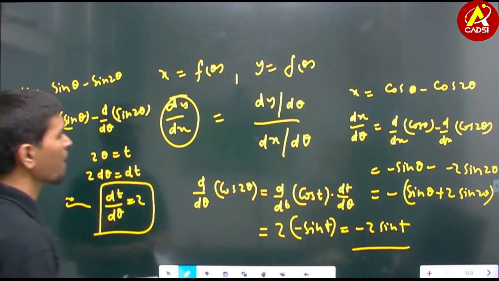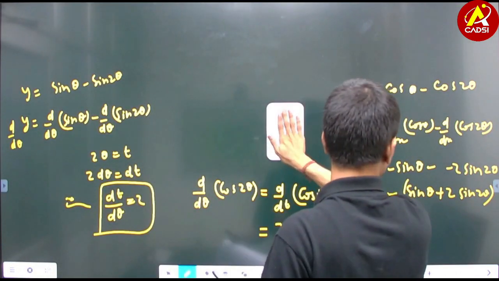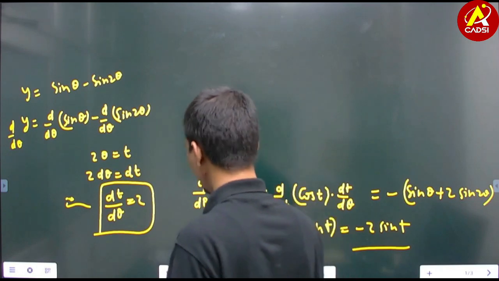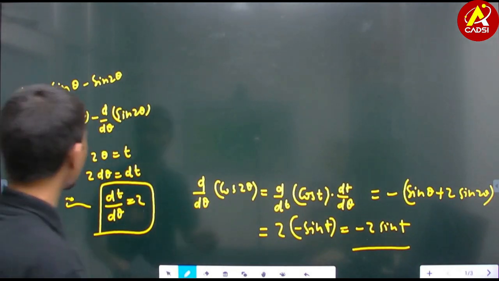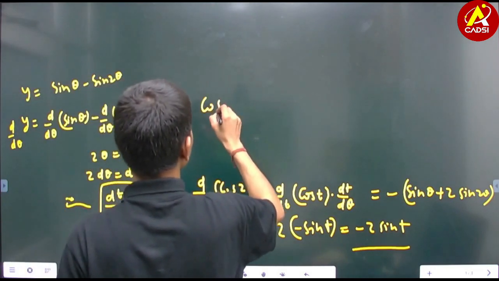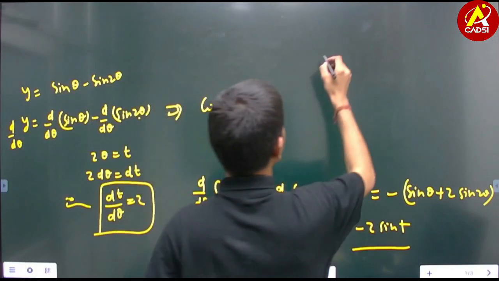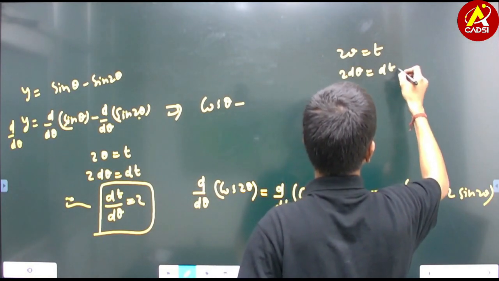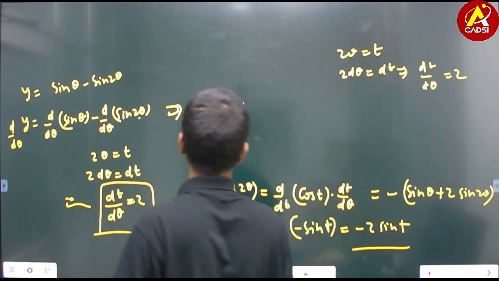Okay, so now d over d theta sin theta is cos theta, minus, here you can consider 2 theta is t, and 2 d theta equals dt, so dt over d theta equals 2.